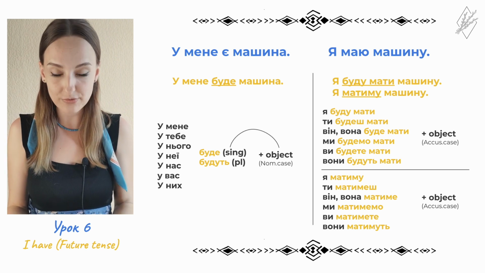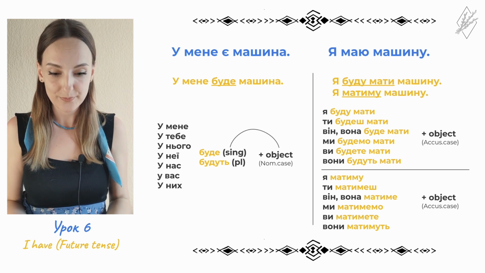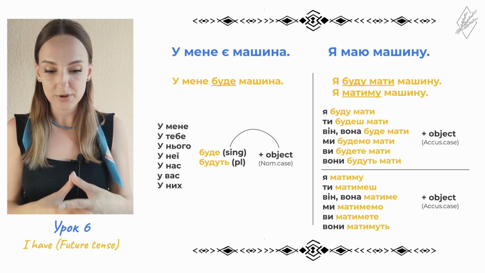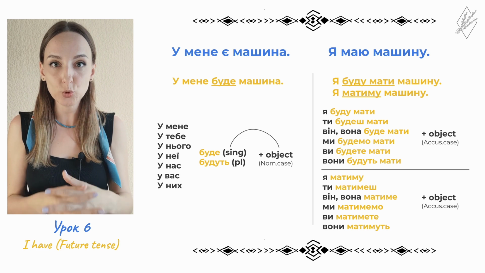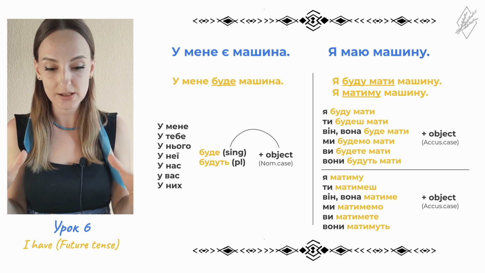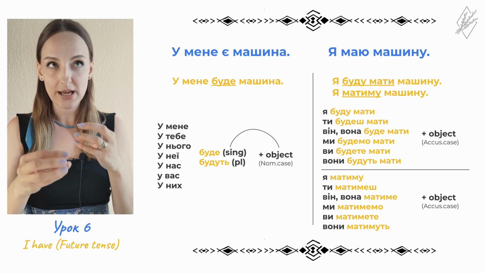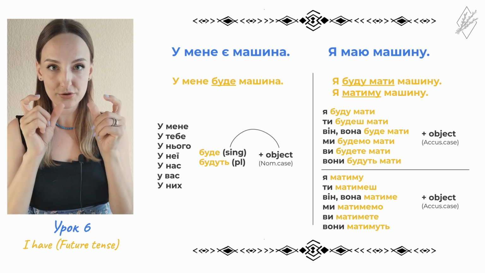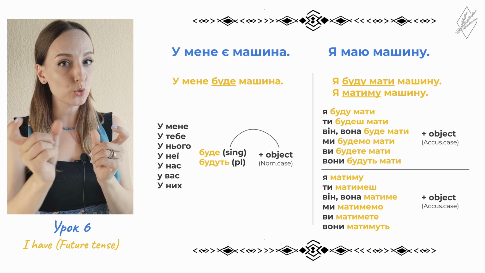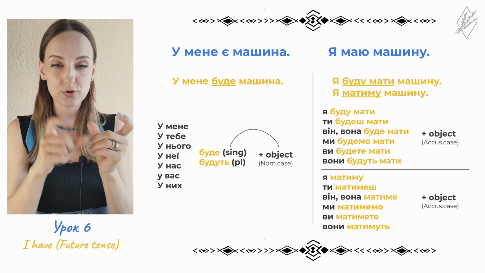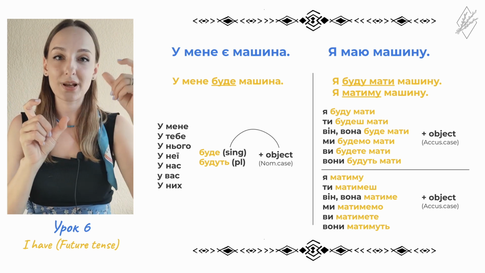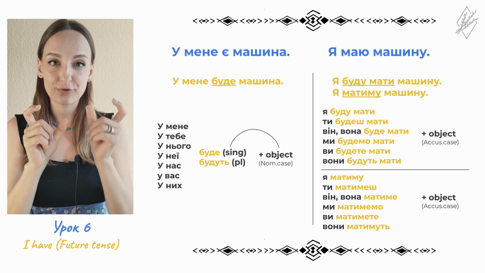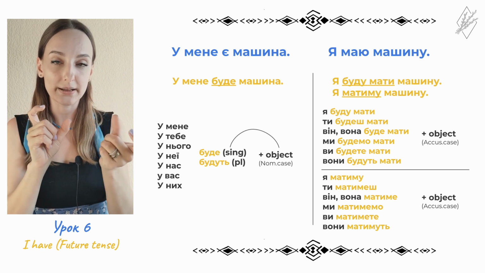But still, let's read the possible variants. Я буду мати машину or я матиму машину. So we can see that we have 2 types of the verb мати in the future tense. The first one is complex structure from 2 words. Я буду мати. So the verb to be plus infinitive form of the verb to have, мати.